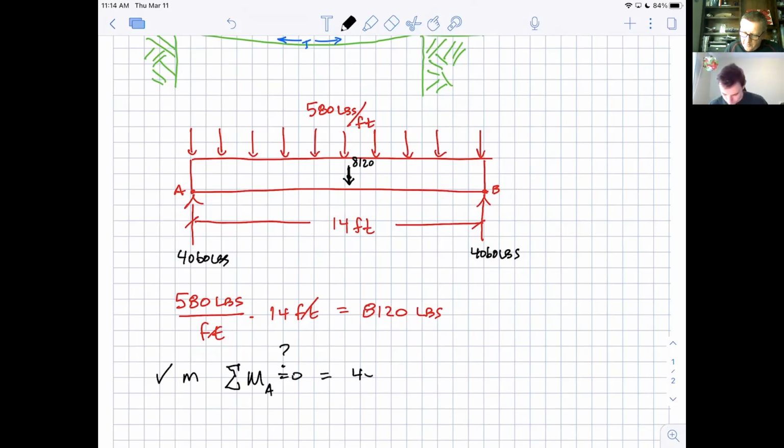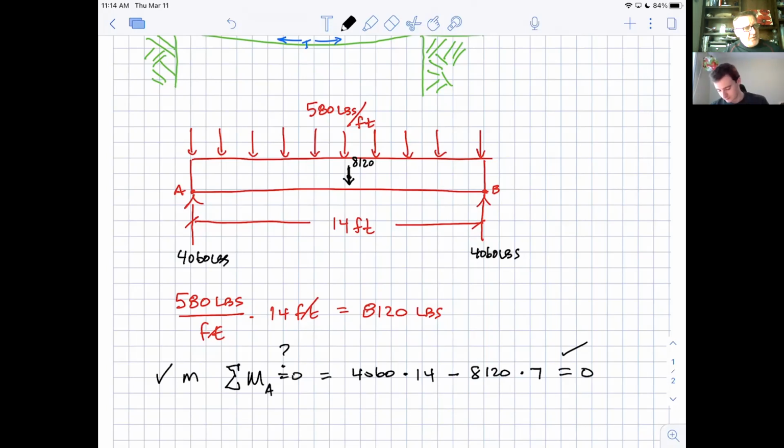Well, we have 4,060 pushing positively a distance of 14 feet from A. And then negatively, we have 8,120 pounds pushing at a distance of 7 feet. And we're sort of hoping that that's equal to 0. And indeed it is. Check.